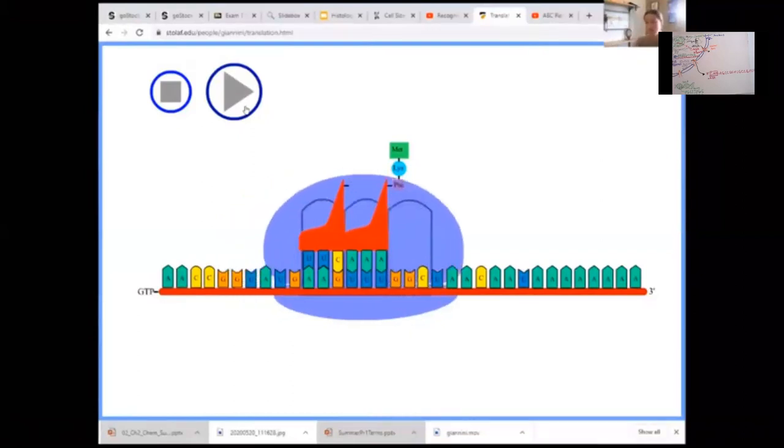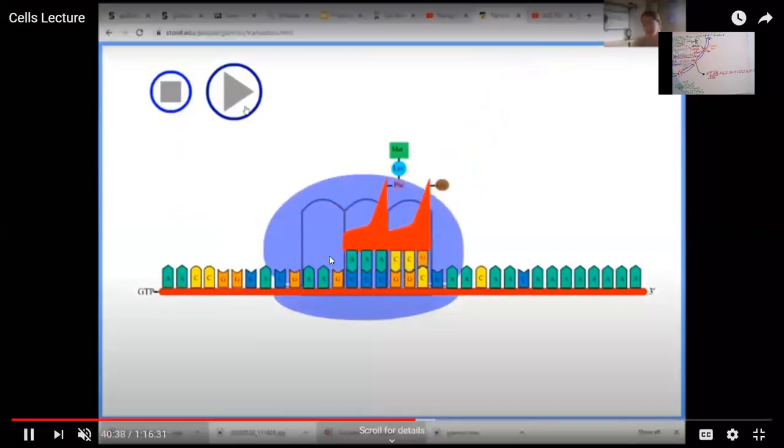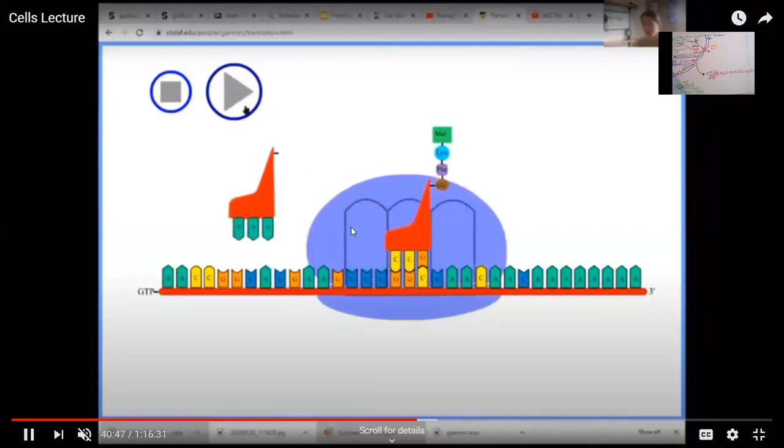Protein sequence, or primary sequence, is coded for by DNA via mRNA. Again, the old empty tRNA gets lost, a new one comes in, the reaction is catalyzed, lengthening the chain, the entire ribosome moves down the chain again, and the process continues.